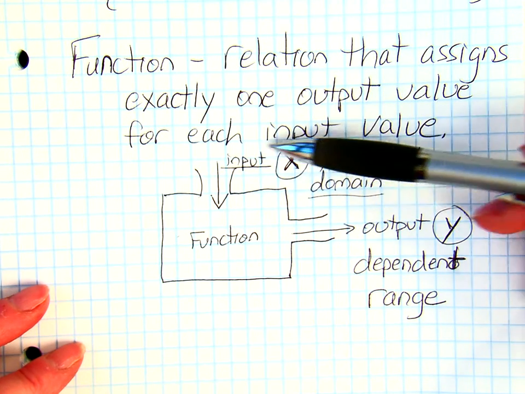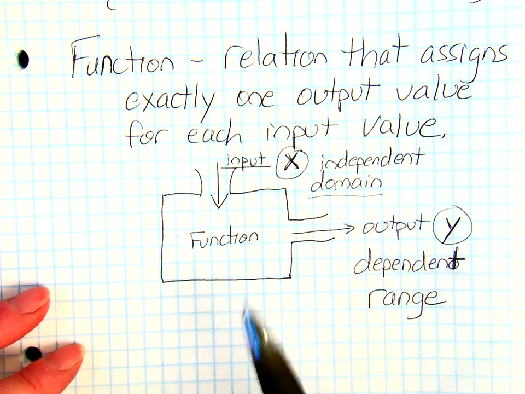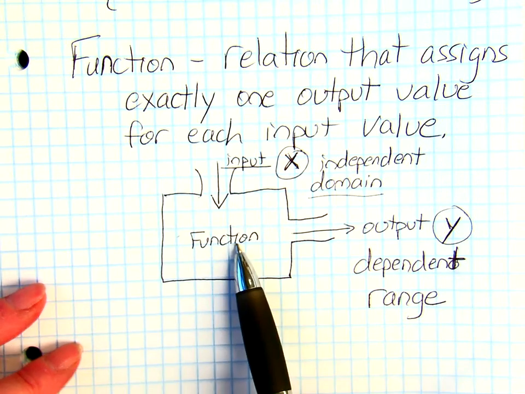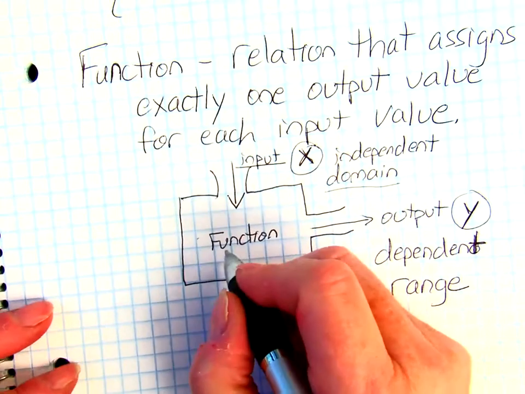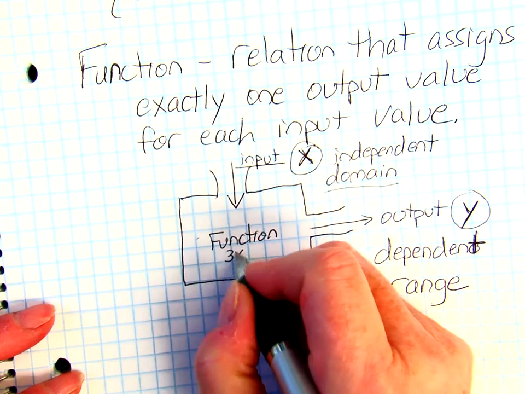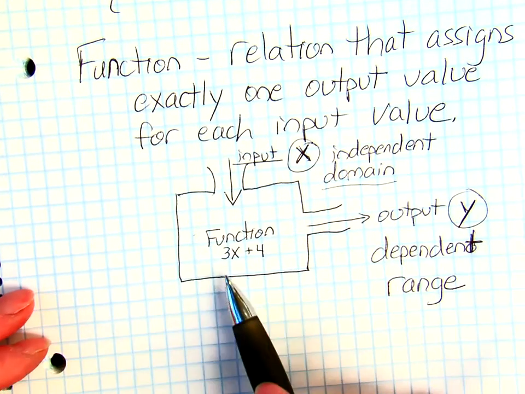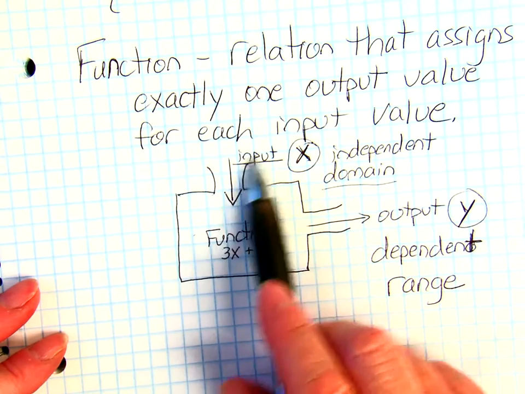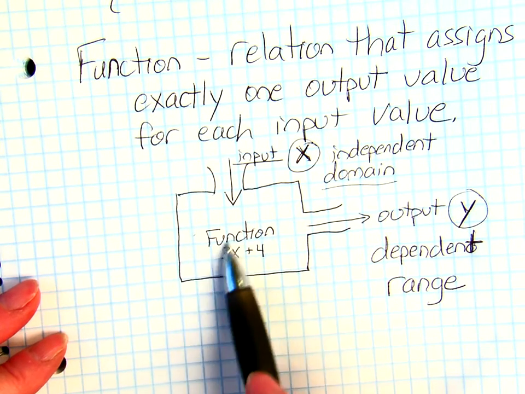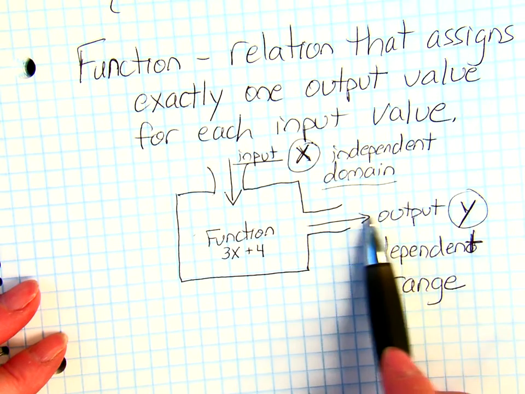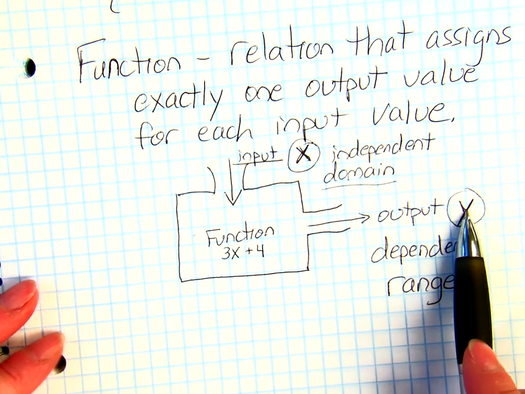Typically what we see is our x value going in, doing some sort of function. Let's say we've got 3x plus 4. This will be the function. Then we put that x into this function, and out comes our output, or our y value.